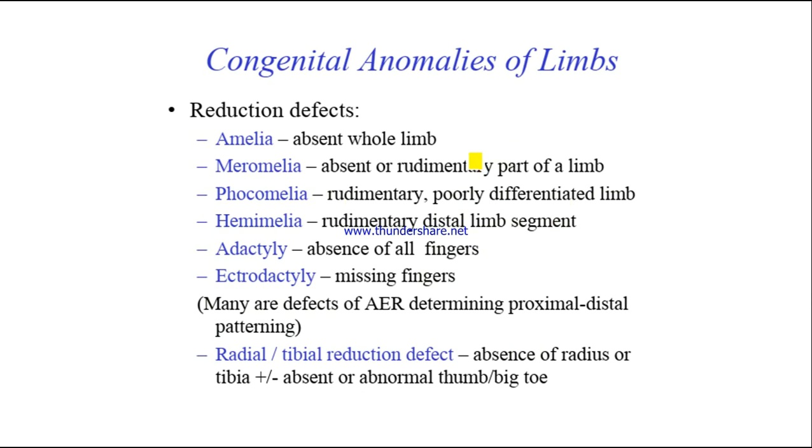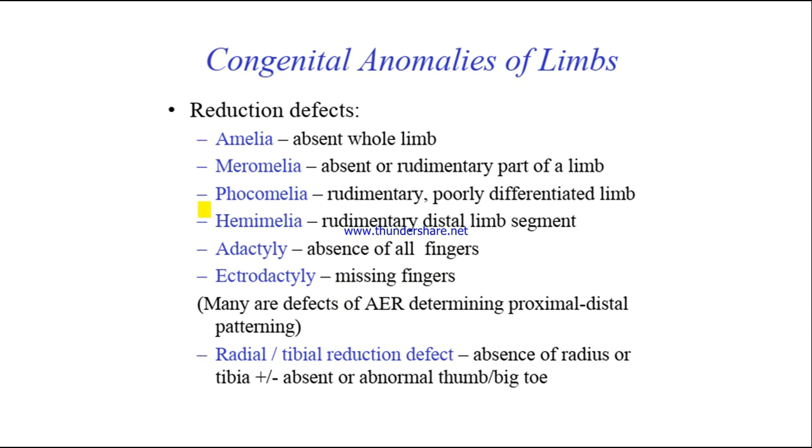Some important congenital anomalies of the limbs to consider are reduction deficits such as amelia, absence of a whole limb; meromelia, absence of a rudimentary part of a limb; phocomelia, rudimentary or poorly differentiated limb; hemimelia, rudimentary distal limb segment; adactyly, absence of all fingers; and ectrodactyly, missing fingers. Many of these are defects of proximal-distal patterning.